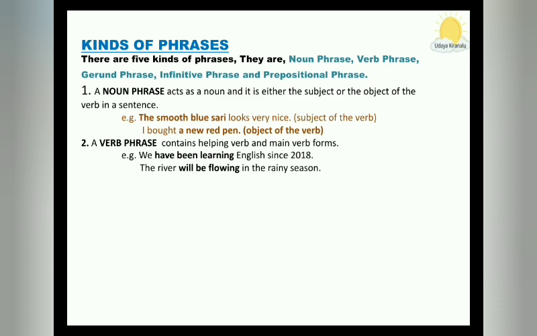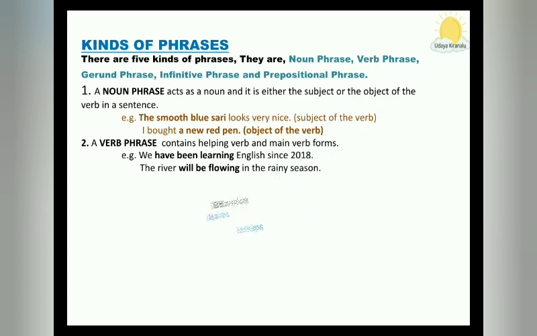In this sentence, have been learning is a verb phrase. And the next one, the river will be flowing in the rainy season. Here, will be flowing is a verb phrase. Here we can see a modal verb and a main verb.